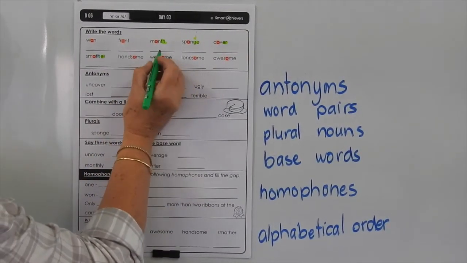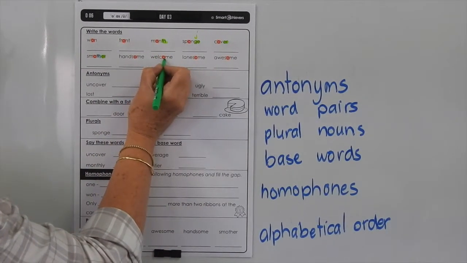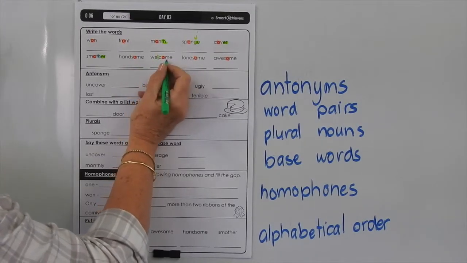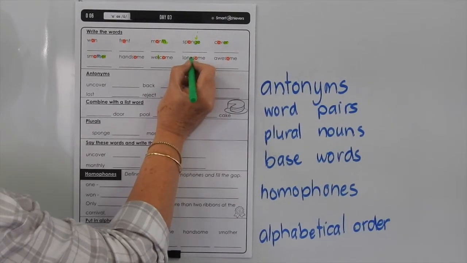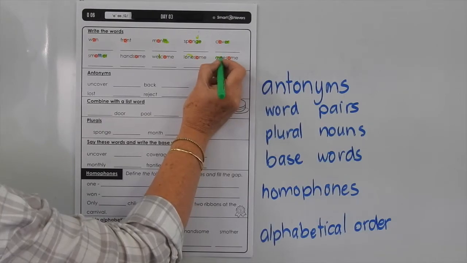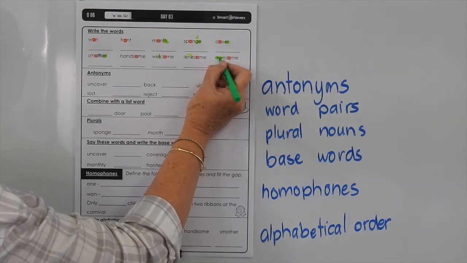Handsome, welcome. Now when you're adding well to a base word, just remember to drop one of the L's. It's only got one L in it. Lonesome, so you've got the E making that O make a long sound, and awesome, you've got the AW there for the OR sound.